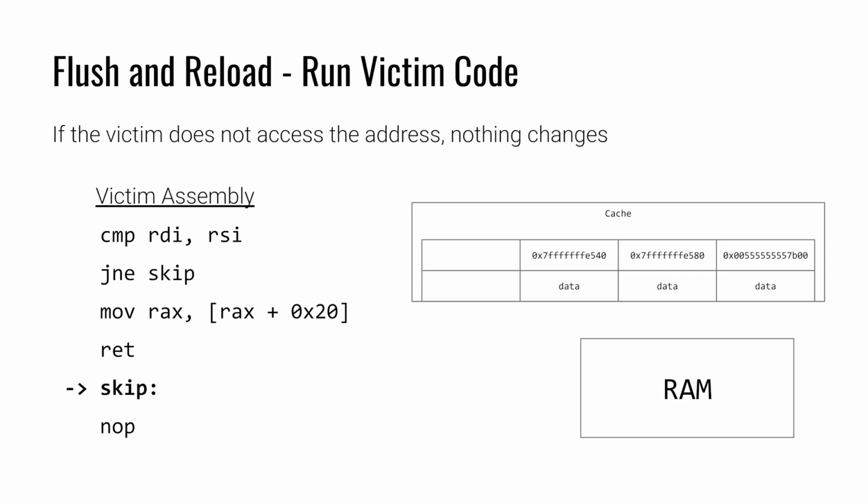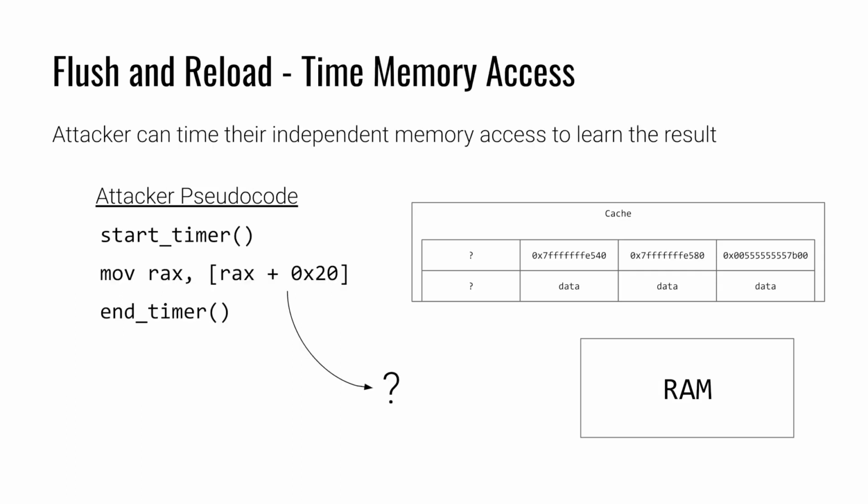Once the victim code has run, the attacker can now try to access that memory address that it was very fixated on. We're going to start a timer, and then we're going to try to access RAX plus hex 20, which is some value that we know. When we try to access this memory address, what's going to happen? Is it going to go out to memory and take a long time? Is it going to go out to RAM? Or is it going to touch the cache and come back real quick?